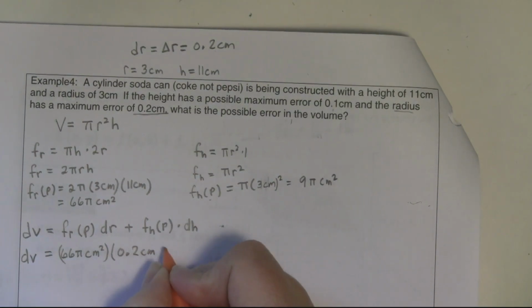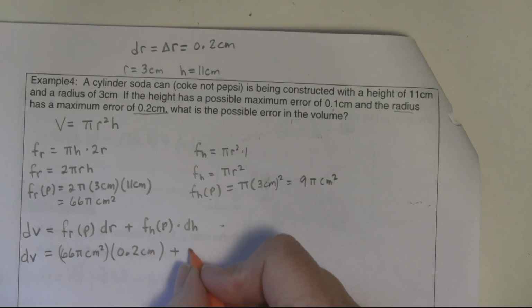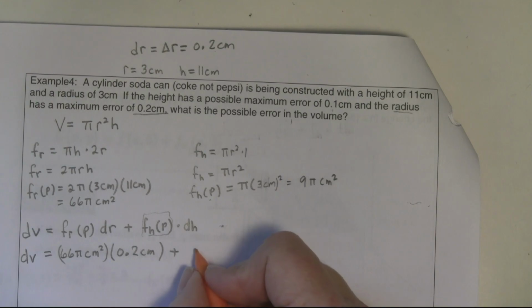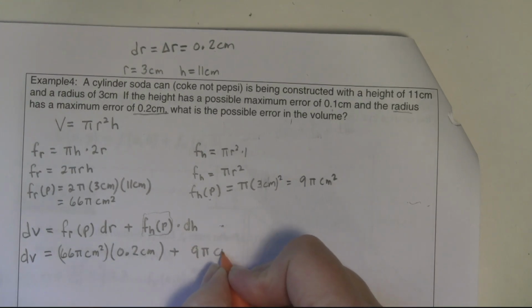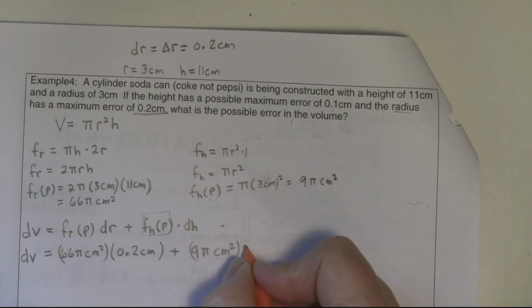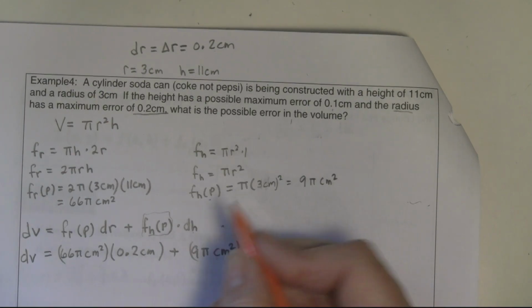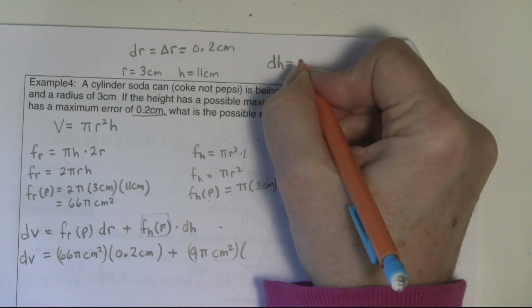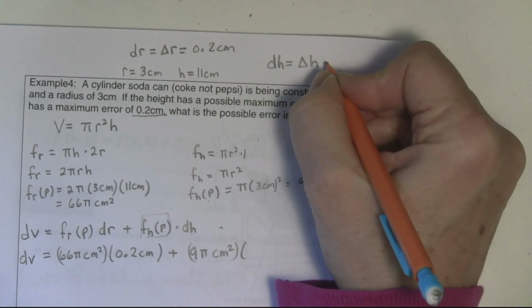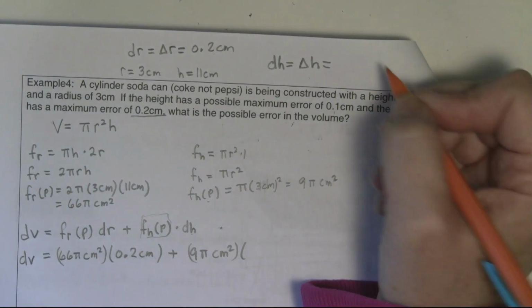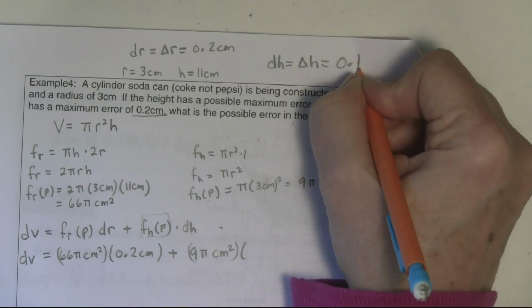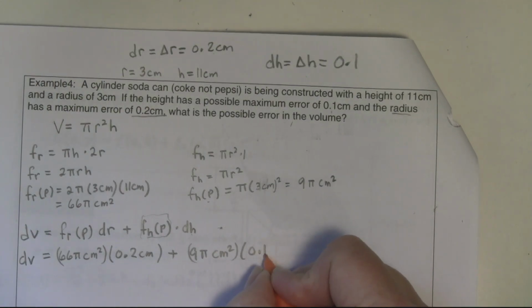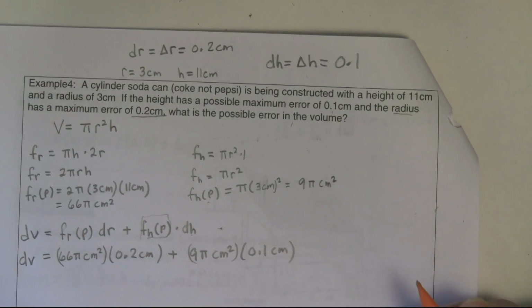0.2 centimeters plus, this is my point, right there, 9 pi centimeters squared. And then dh is the same as delta h, which was given to be 0.1. Those are the independent variables, right? So 0.1 centimeters.